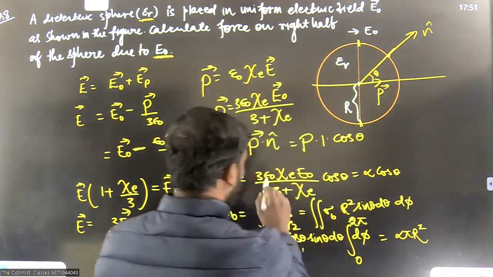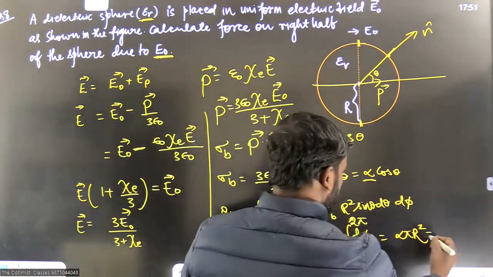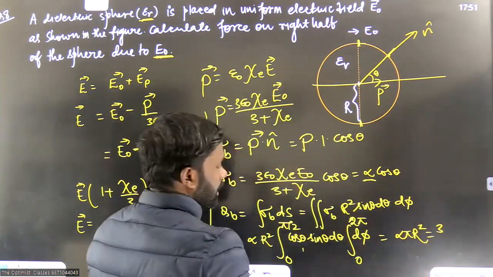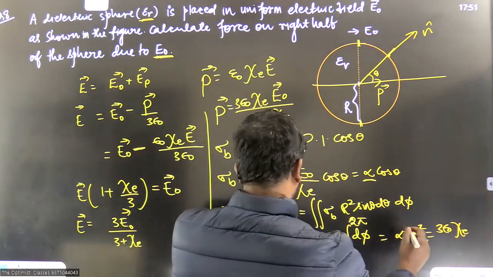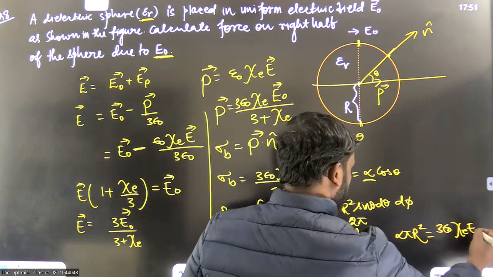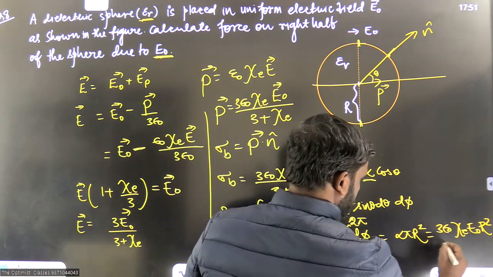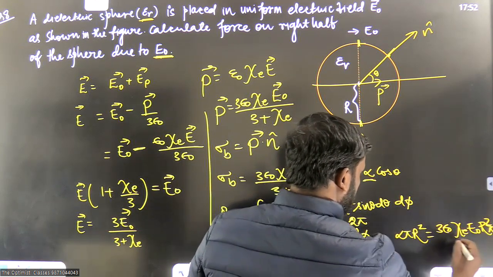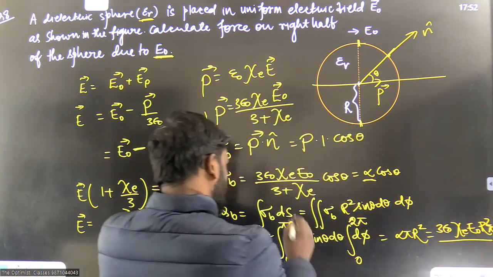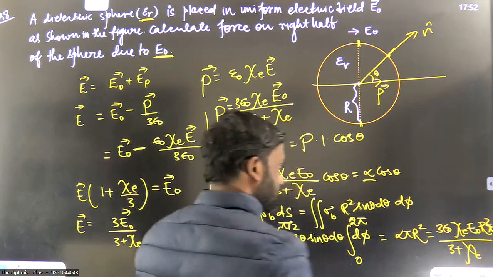So you can put the value of alpha from here. So answer is 3 epsilon naught chi E E naught, and ultimately this r square term is there, and obviously there is pi also, divided by 3 plus chi E. So that is the force.